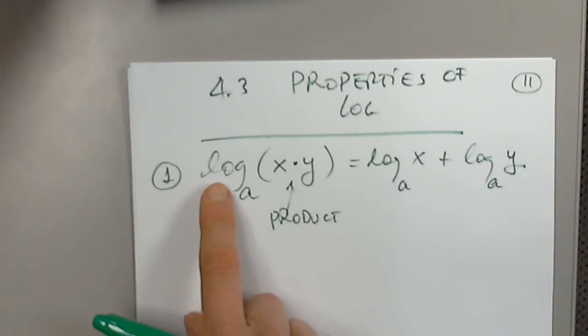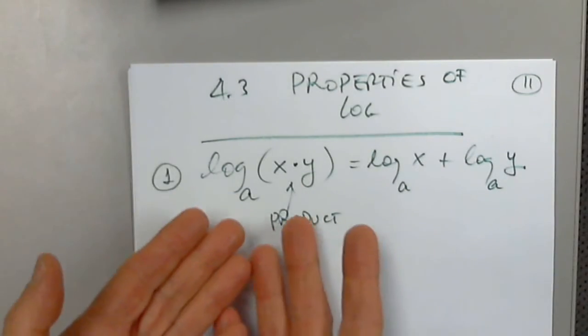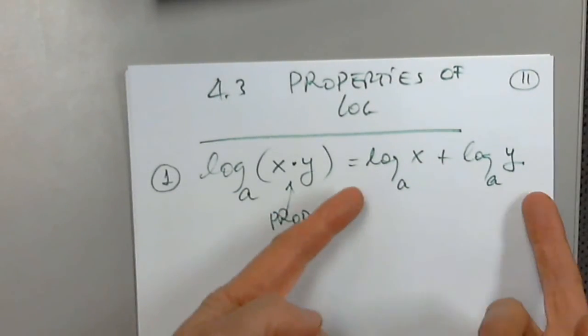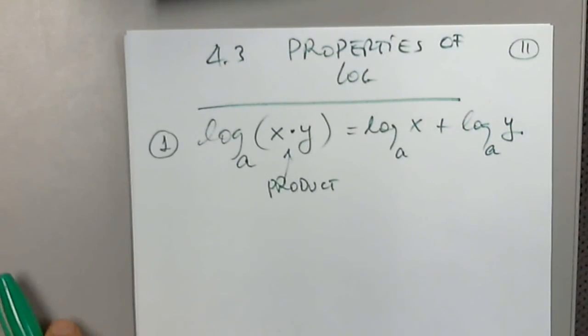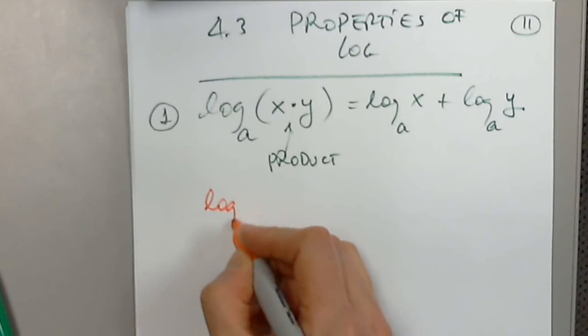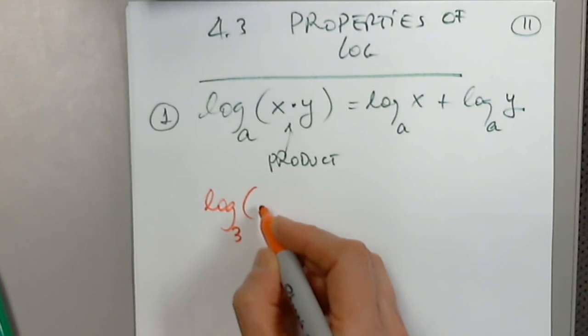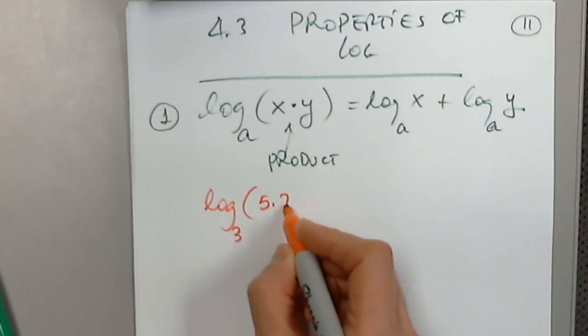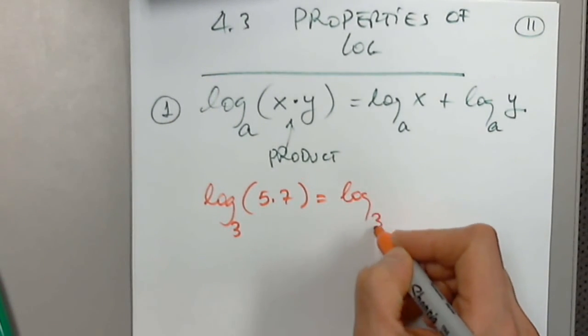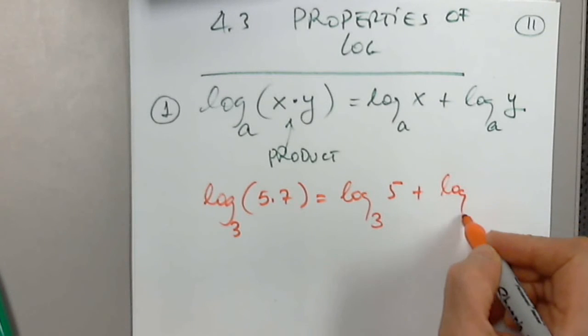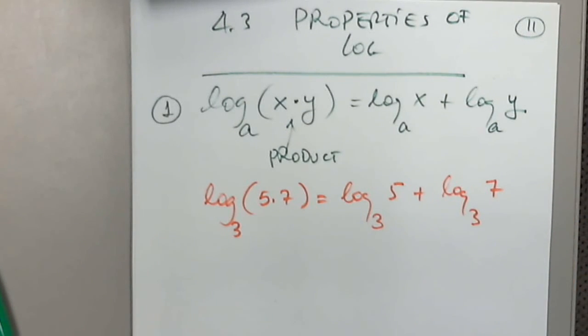So we can change log applied to a product into a sum of logs, but only if this is a product. Let me give you a numerical example, like log base 3 of 5 times 7. Well, this can be written as log base 3 of 5 plus log base 3 of 7. They mean the same thing.